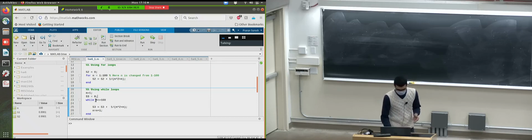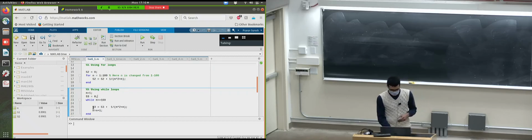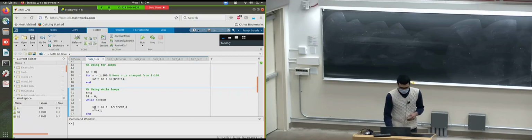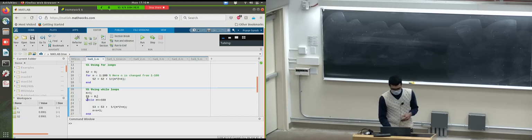So here, I'm using the same concept as in the previous case. I'm setting S3 to 0. S3 is holding the sum of the values. And I'm updating S3 as n is varying from 1 to 100. So I'm setting n equals 1 here. In the previous case, in the for loop, there is no prior value of n.